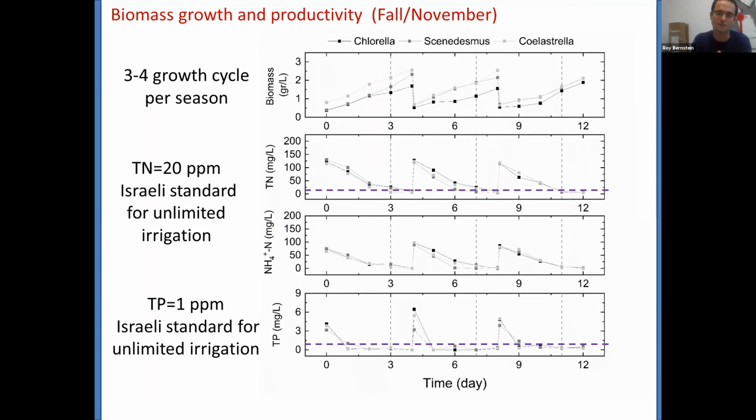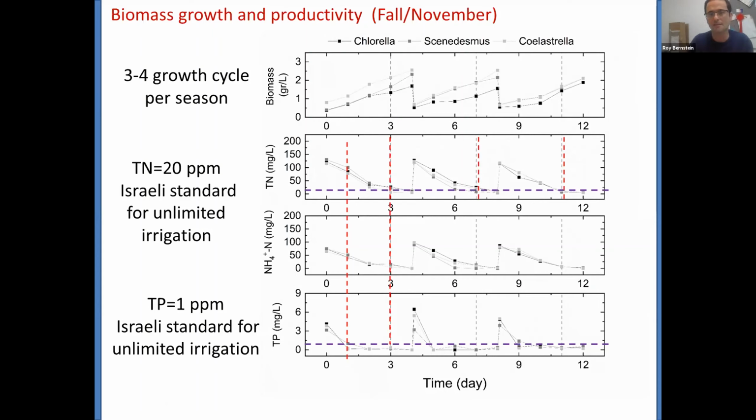And then we made our calculation for the productivity of the system. What we could see, first of all, is that the TP for all seasons, for all algae, was consumed very fast. After 2 days, we could not see any phosphate, regardless of the initial concentration of the phosphate that we had.